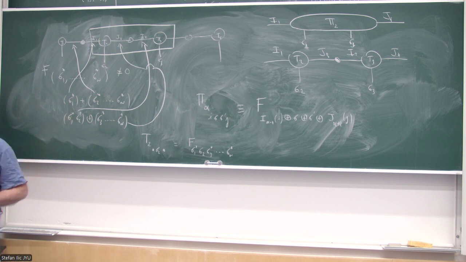Pi is a 2D slice. Initially, I can vary sigma 2 and sigma 3, all possible values. So it's a bigger slice of the thing. And now you should see me coming. What are we going to do with pi?